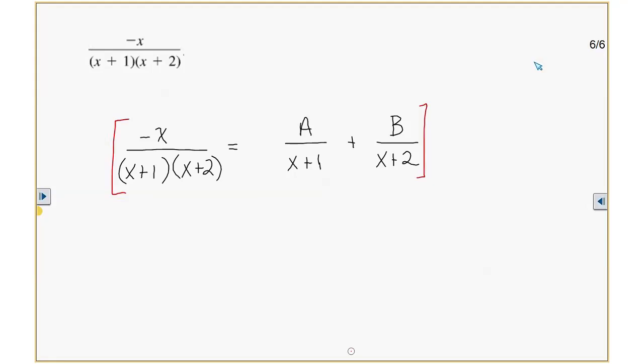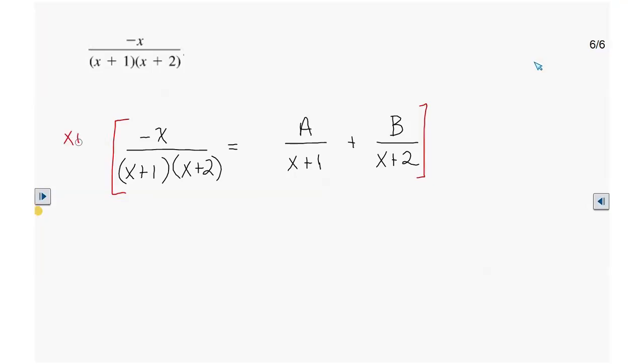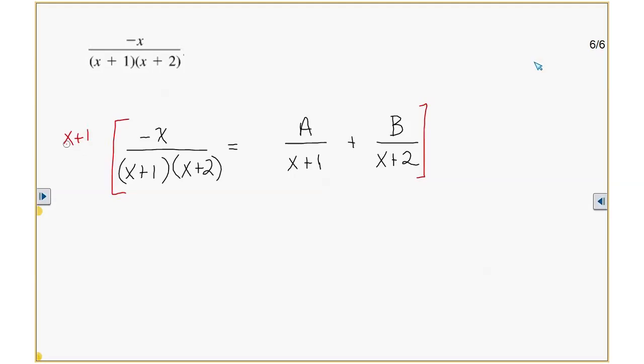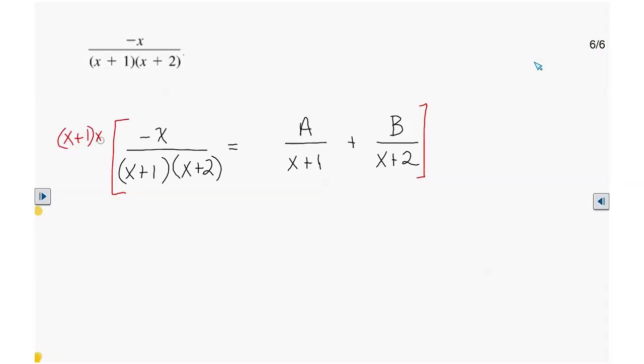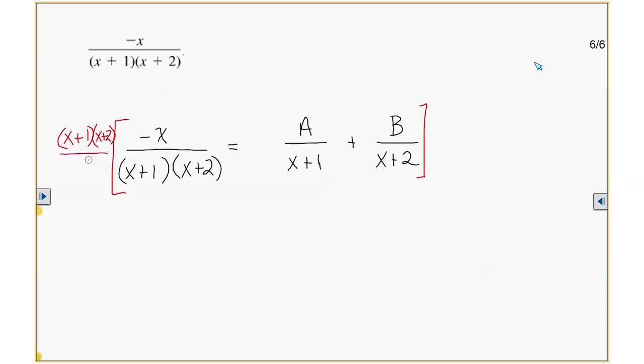So I'm going to multiply by x plus 1 times x plus 2 over 1. Now, what is that going to do to this side? It's going to cancel this to this.